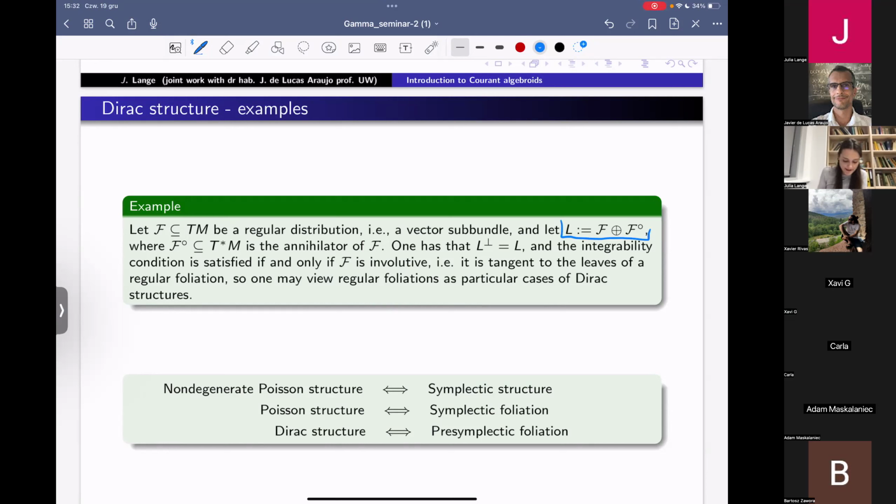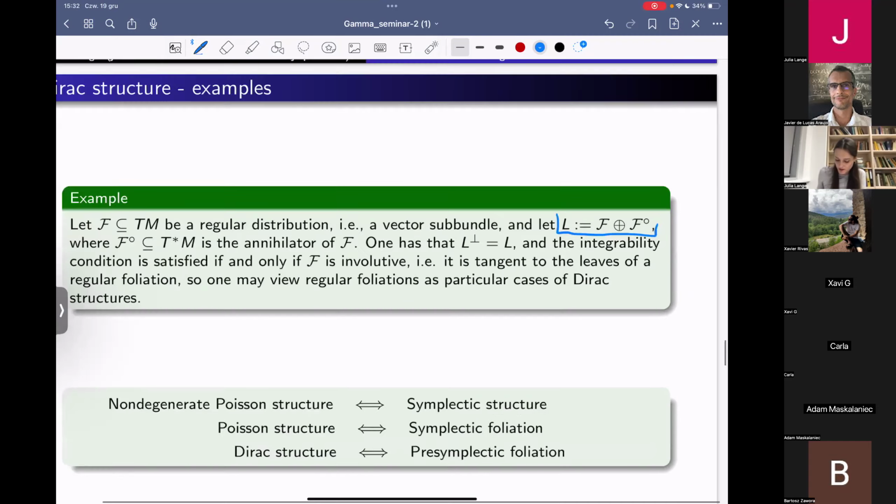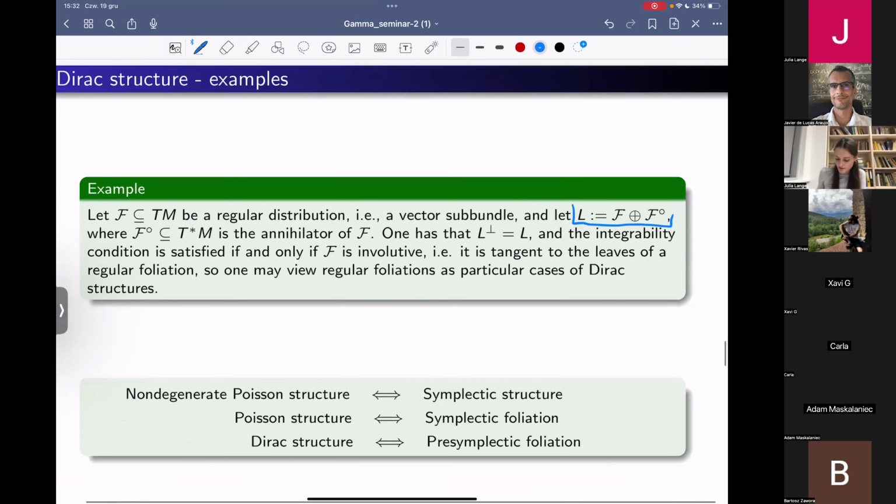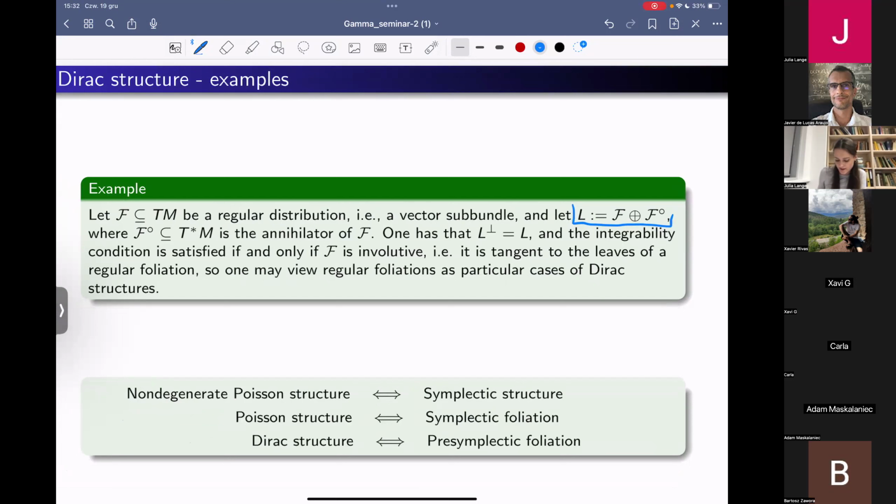So the annihilator is just included in cotangent space. And we can easily verify that L is indeed a Lagrangian subbundle, and the integrability condition is satisfied if and only if our distribution is involutive. So it is tangent to the leaves of a regular foliation.